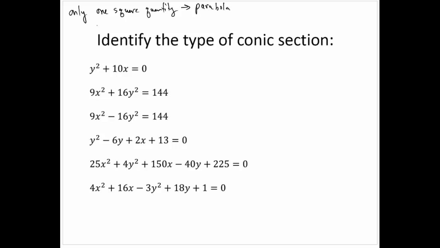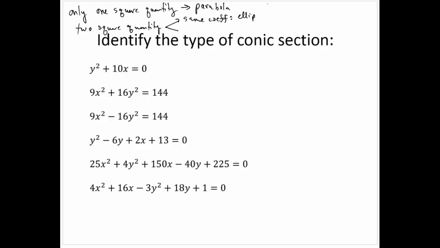If there's two square quantities, then look at the coefficients on the square quantities. If they have the same coefficient, that would tell you that it would be an ellipse.